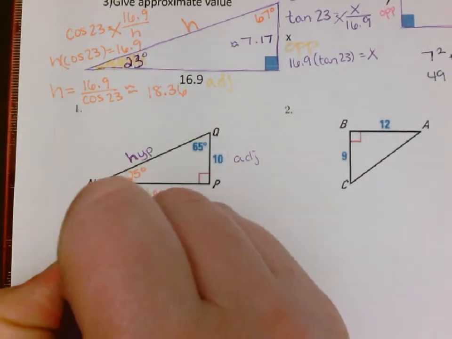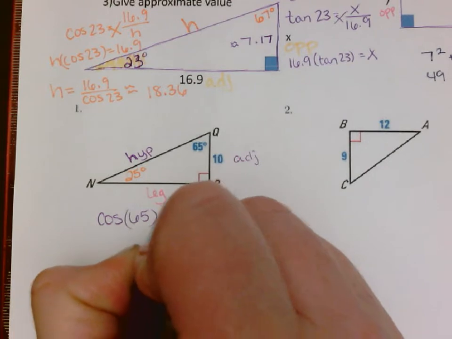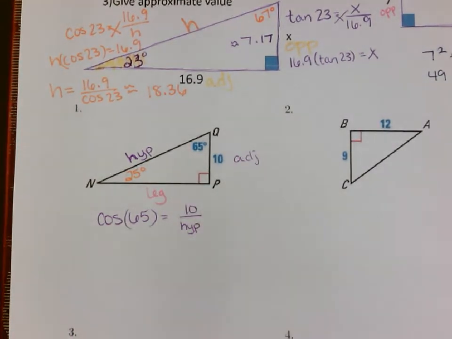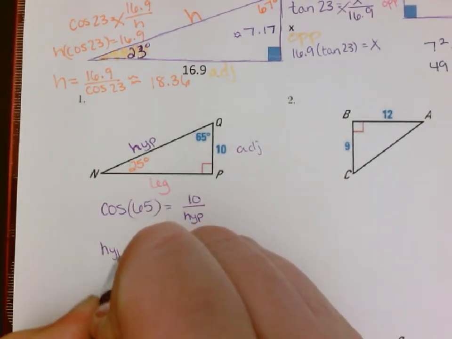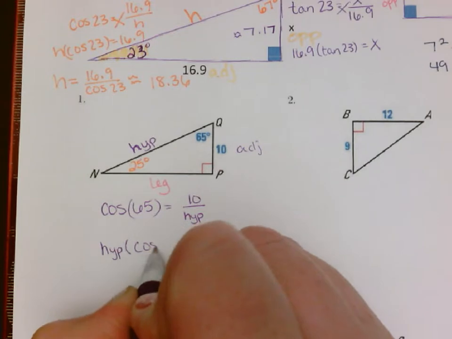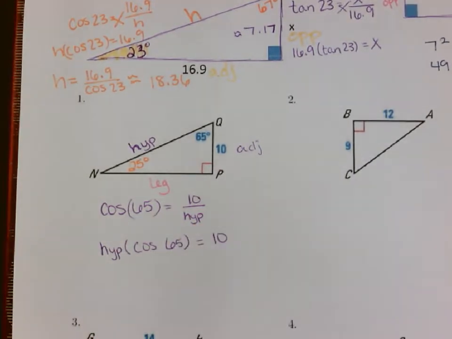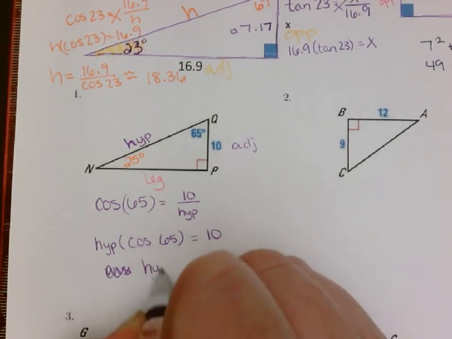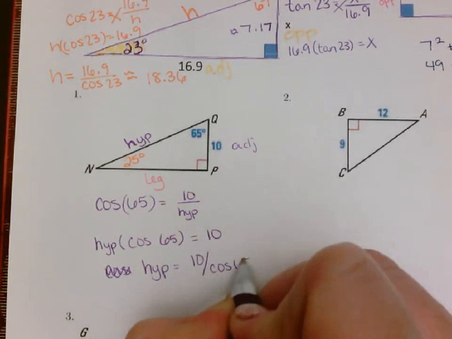So cosine of 65 degrees is equal to 10 over the hypotenuse. Cross multiply: hypotenuse times cosine of 65 is equal to 10. Try that again. Hypotenuse equals 10 divided by cosine of 65.